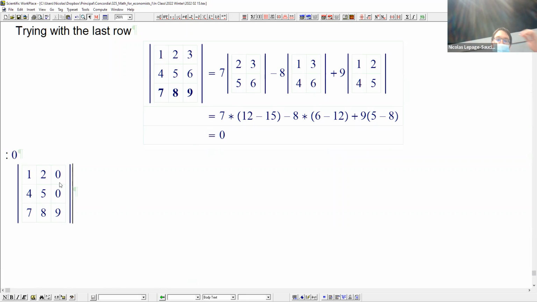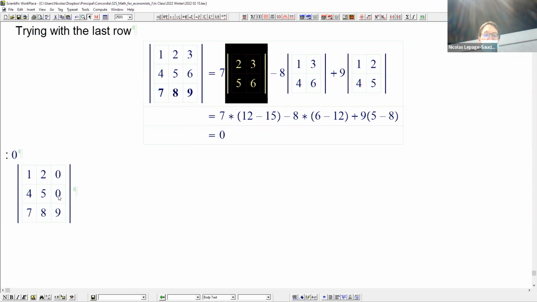Exactly. So you see, if I have zeros there, then I can be smart and save time on some occasion in which I'm under time pressure to show that I know how to compute a determinant. I don't know when that would happen, but if it does, then you see that it would be 0 times the first minor, plus 0 times the second, plus 9 times the third.